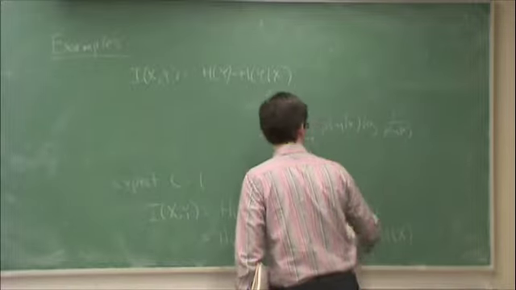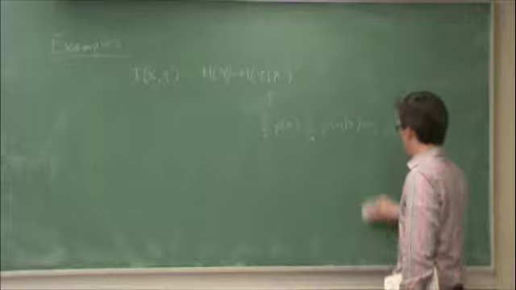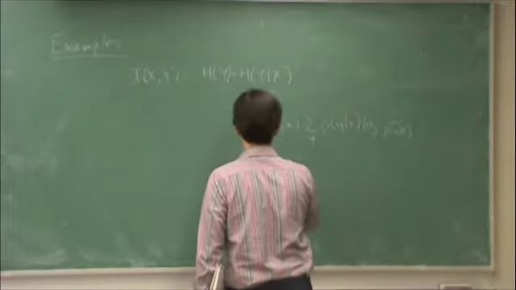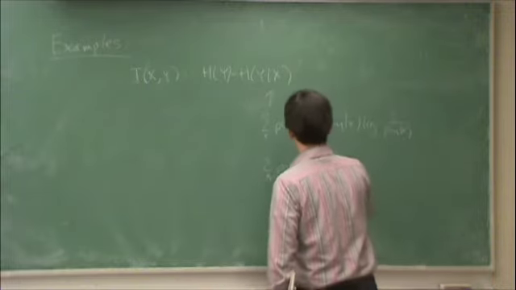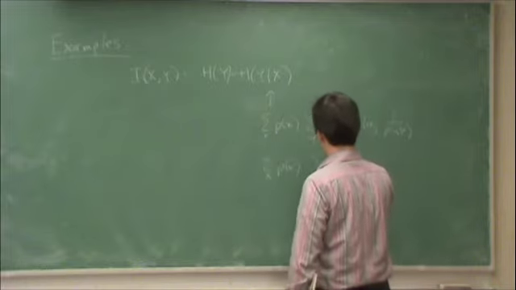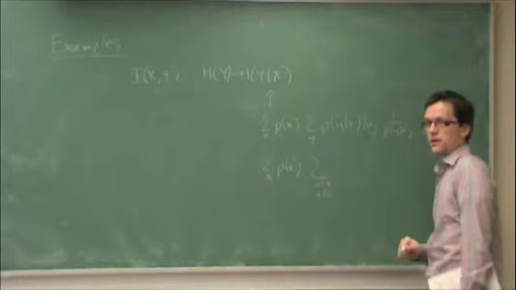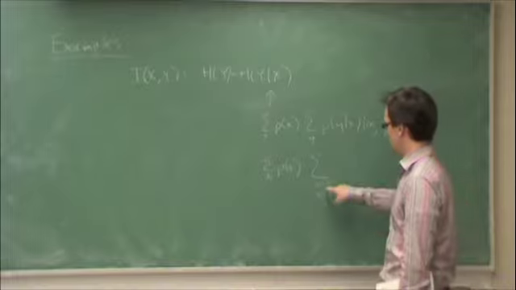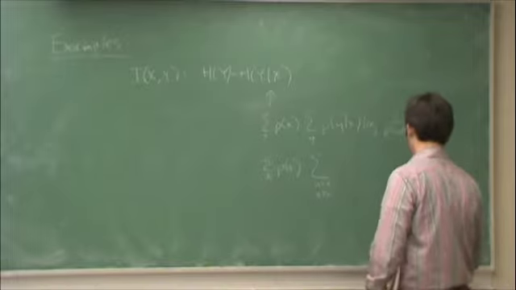I can simplify this a bit by taking the sum over x, p(x), and then summing this over two elements, y equal to x and y not equal to x. So whatever the value of x is, one term will be y equals x, and the other term will be y not equal to x.